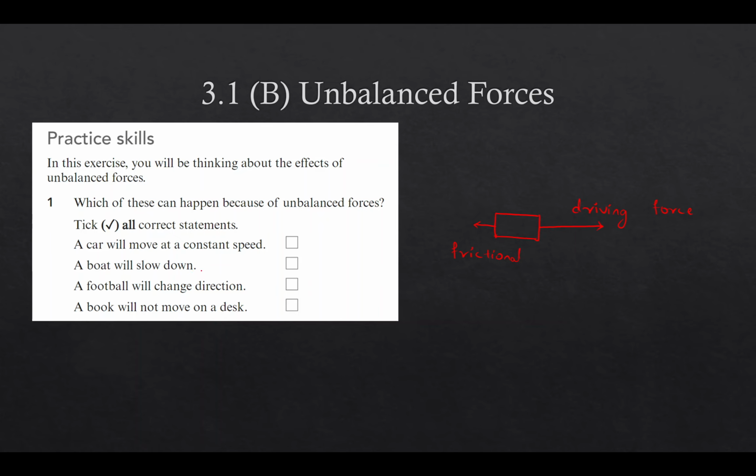A boat will slow down. This can happen if there's an unbalanced force. Let's say in the second case, if I take a boat, let's say this is my boat and here I am. Now, if there's a boat which is going in this direction, that means this is the driving force in the boat.